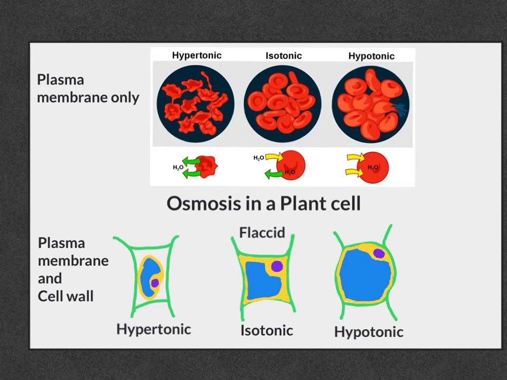The plants actually do like to be in a hypotonic solution, right? They like to be watered and have that water surrounding them. And this is where the plant cell actually likes to live, in a bit more of a hypotonic solution, which allows them to look like this.